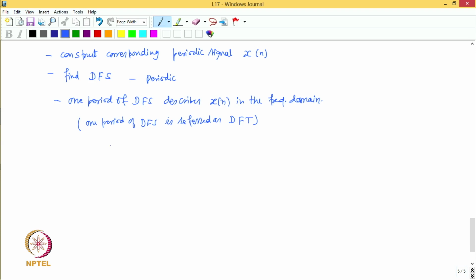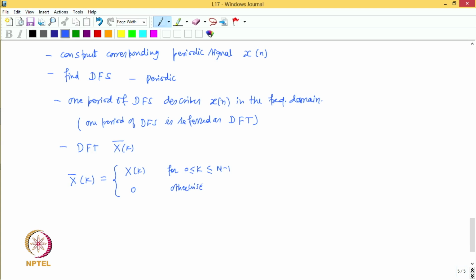Let us represent this DFT by the symbol x bar k. X[k] is the DFS and x bar k is the DFT, and therefore we write the DFT as x bar k equal to X[k] for k varying from 0 to N minus 1, and equal to 0 otherwise.